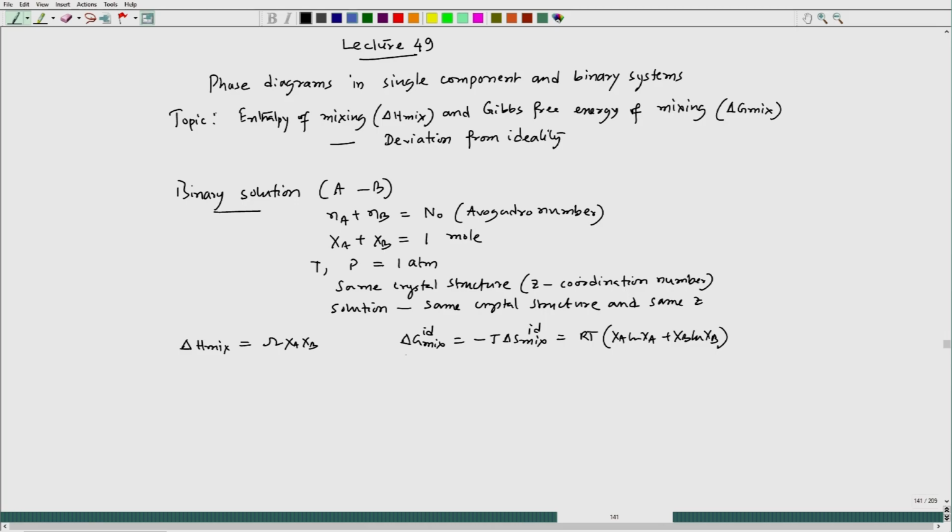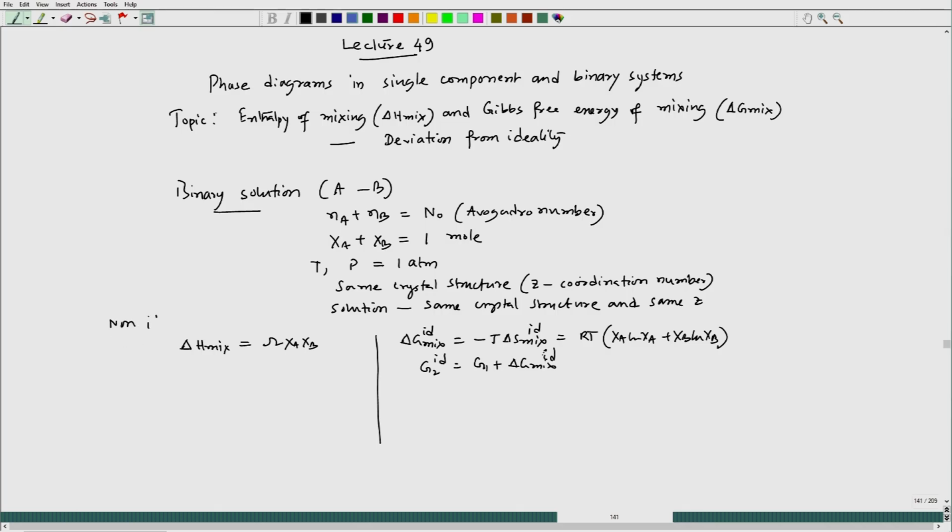And when we talk about solution, for ideal it is equal to G1 plus delta Gmix ideal, and in this case, this entire treatment is divided into two parts. The right side is ideal, the left side is non-ideal.